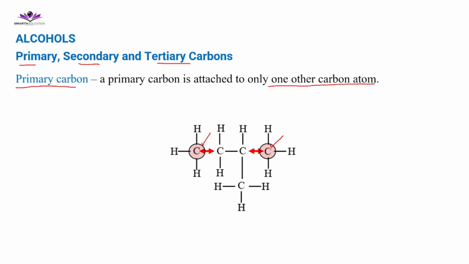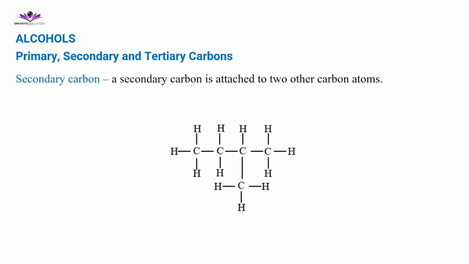So now if we have a hydroxyl group attached to a primary carbon, then that alcohol is a primary alcohol. But let's talk about secondary carbons. A secondary carbon is attached to two other carbon atoms. Which one will be the secondary carbon here? It will be this one. You see, it is attached to two other carbons.